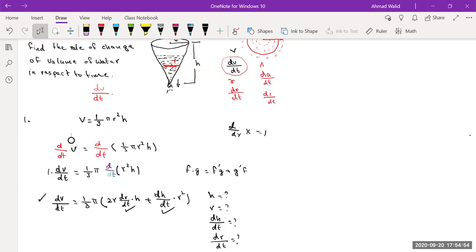Step 2, take the derivative of both sides implicitly. And at the end, plug in the values and you are done. Remember, volume, radius, height, all of them are functions of time.